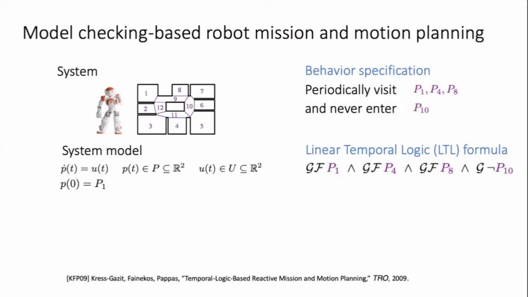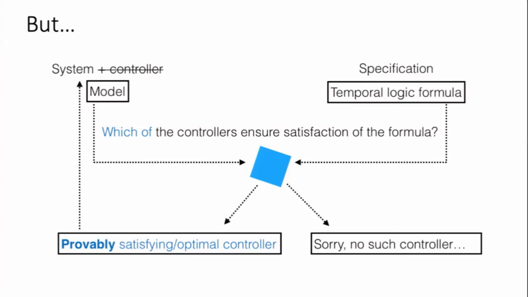It's going to come there periodically. It's going to survey it. And this is always not P10, and that's something that says, let's not go to P10. So instead of rewards, we now have this linear temporal logic thing, and we have our formal synthesis scheme as we had yesterday. I've got my system.